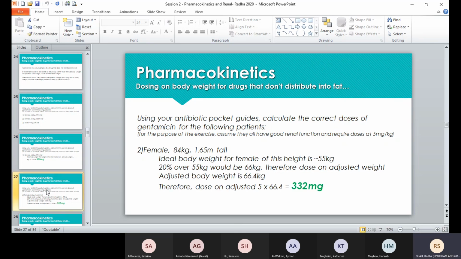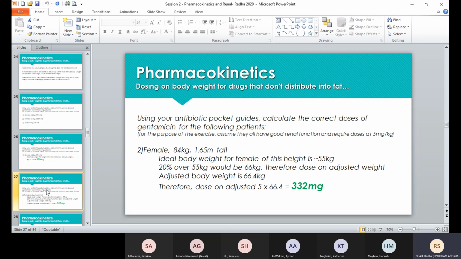So the second one is a female, 84 kilos and 1.65 meters tall. The ideal body weight for a female of this height is about 55 kilos.